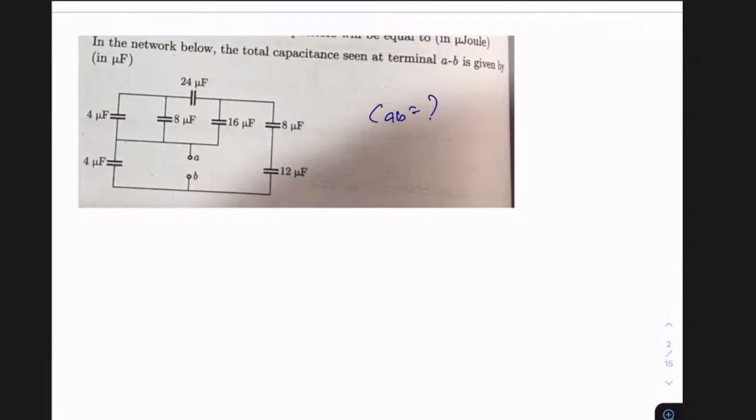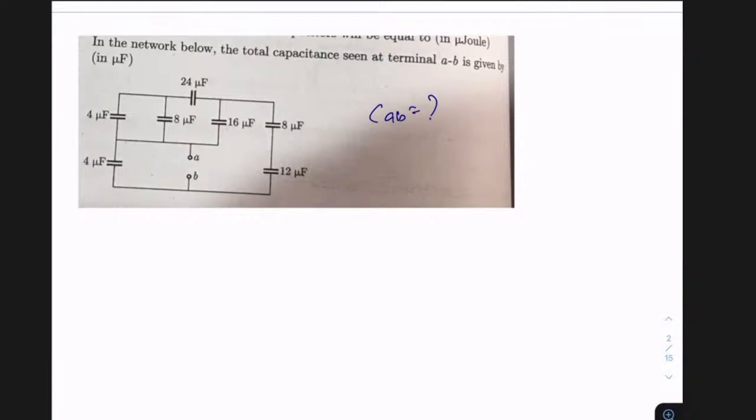What is C_AB in this case? Any idea? How do you solve it?